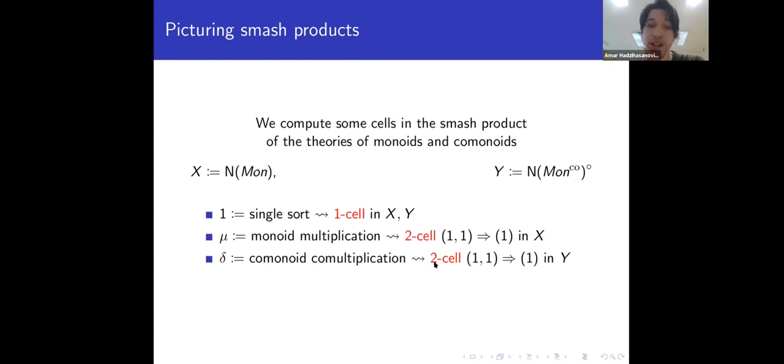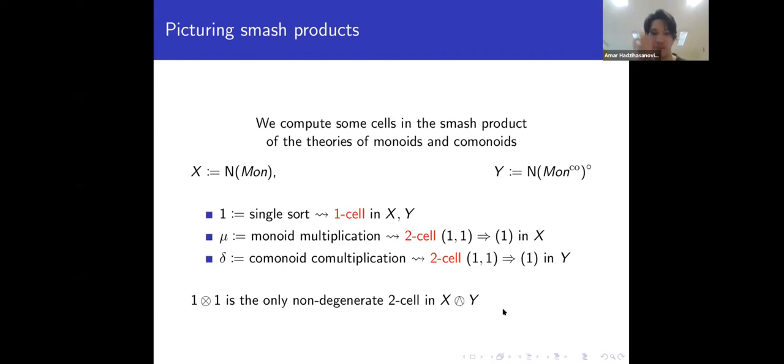We have a 2 cell corresponding to the monad multiplication, and a 2 cell corresponding to comonad multiplication in Y. This one gets reversed, so they both actually have 2 inputs and one output.